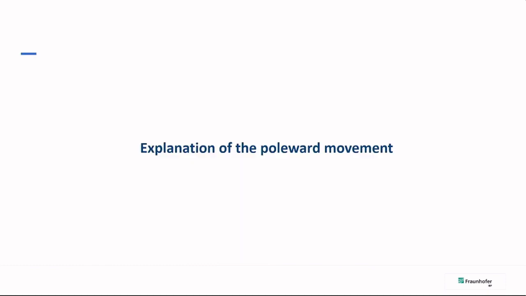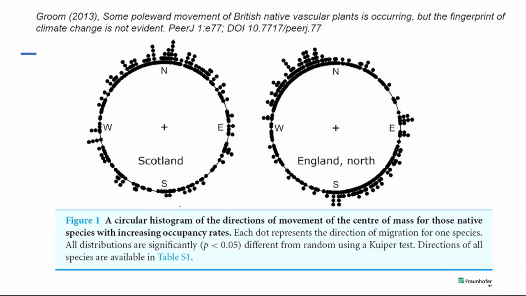I think they're examples of what we might think of as poleward movement. Plants have tended to move northwards. This is what you get by looking at the species distribution maps. And there was a most intriguing paper by Quinton Groom, who some of you may know, and it was about the poleward movement of British native plants.